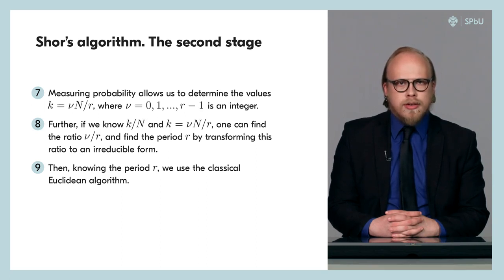Then, if the ratios of n to k and k equal to nu multiplied by n divided by r are known, you can find the ratio of nu to r. Then, by transforming this relation to an irreducible form, determine the period r. And at the end, now knowing the period, use the classical Euclidean algorithm.